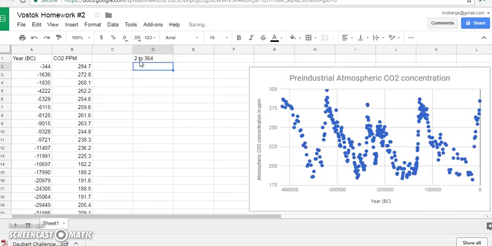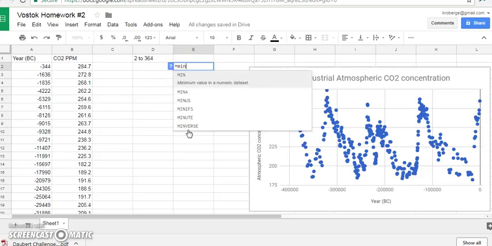Now, one of the things I ask you to do in this homework is to find the minimum CO2 value, the maximum CO2 value, and the range for both the Vostok and the Mauna Loa data. So let me show you how to do that. With spreadsheets, if you enter the equal sign, the spreadsheet thinks you're about to enter a formula. Well, here's one, MIN.